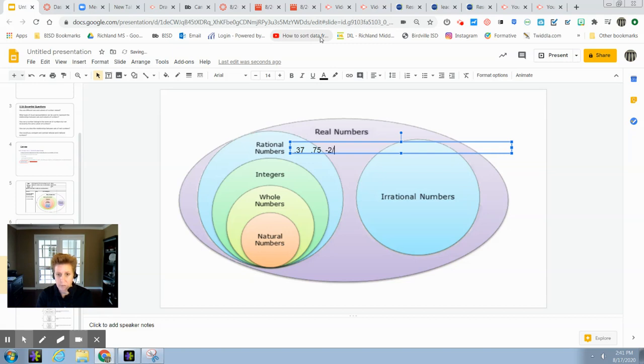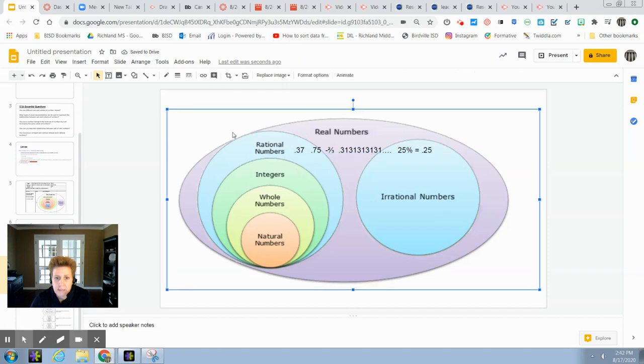Negative 2/3 would be a rational number. 0.31 and let's say it just keeps going on and on forever, that would be one. And let's see another one. 25%, because you could turn that into a decimal and that would be 0.25.